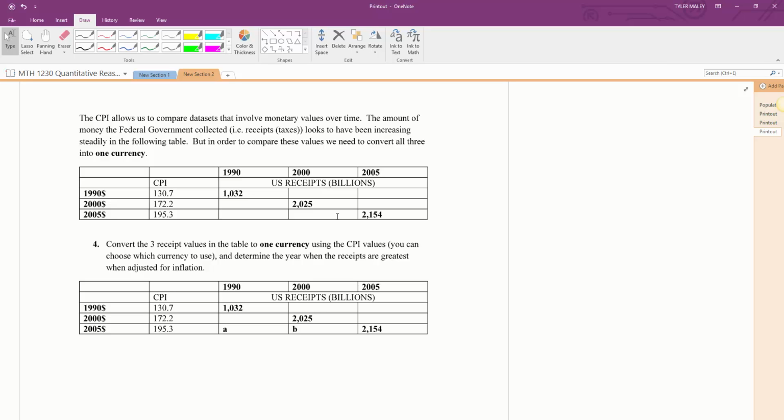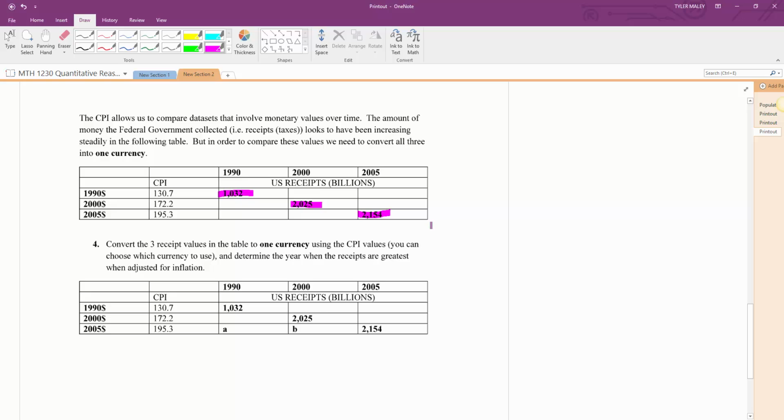But in order to compare these values, we need to convert all three into one currency, right? So we can't just compare these values in their own year's currency. We want to compare them all in terms of $1990, $2000, or $2005. We need to pick one. But what the book is pointing out is that if we just look at these values just how they are, it looks like it's steadily rising, right?